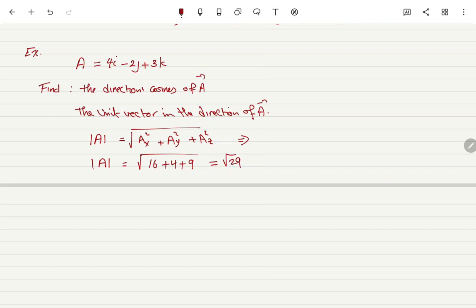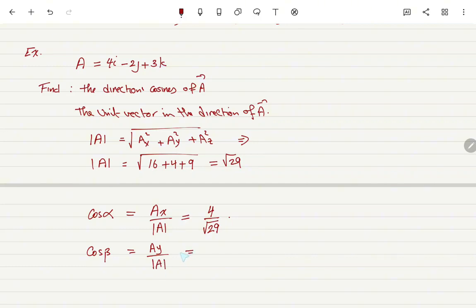Now the direction cosines in this case: cosine alpha is equal to ax divided by the magnitude of vector a, and ax, if we go back to the vector right here, is 4, divided by the magnitude of vector a, square root of 29. Cosine beta equal to ay over the magnitude of a.